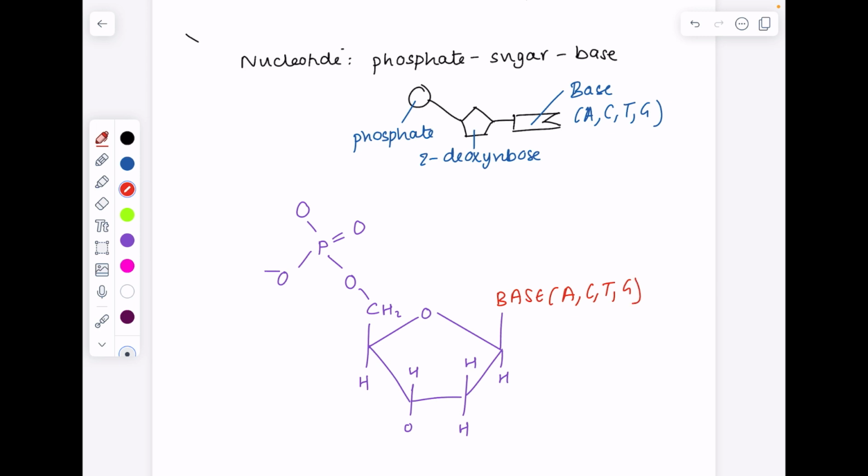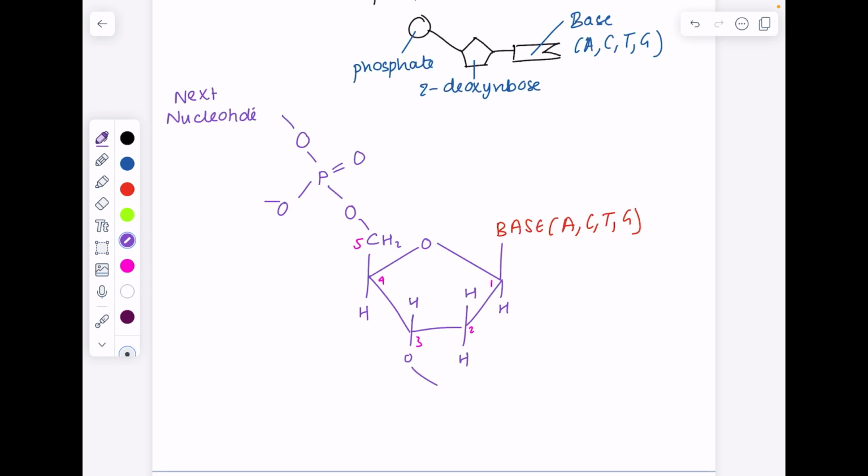I'm just going to number these carbons. This is carbon number 1, 2, 3, 4, 5. You'll find that your next nucleotide is attached up here, and your next nucleotide is attached down here.